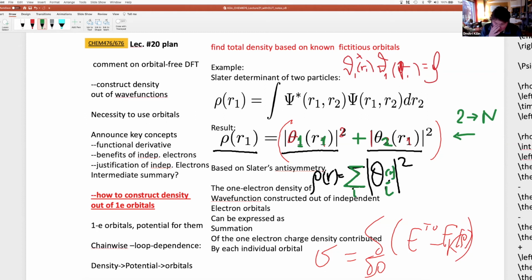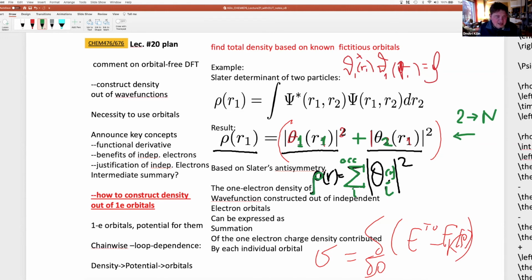So a summation between terms is symbolized by this Greek sigma. So the first goal of today's class is done. If we solve one electron Kohn-Sham equations in this artificial universe, and we get Kohn-Sham orbitals, we can add their absolute value squared together for all occupied orbitals, and get the total density of all electrons.